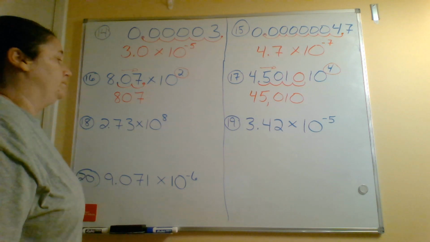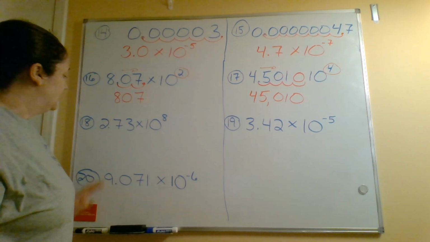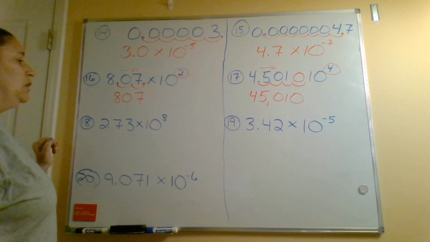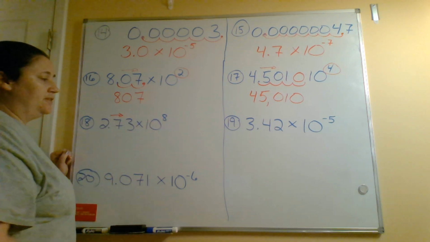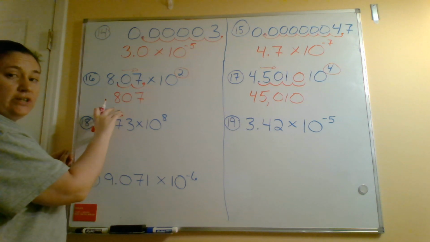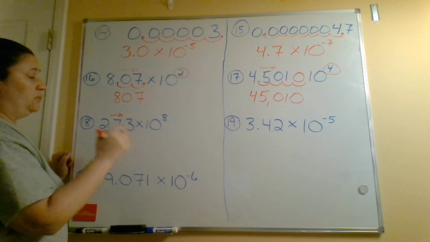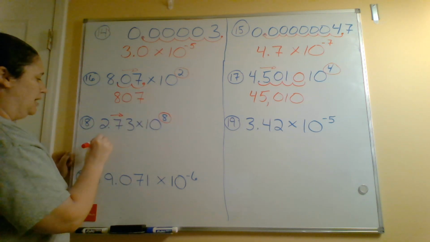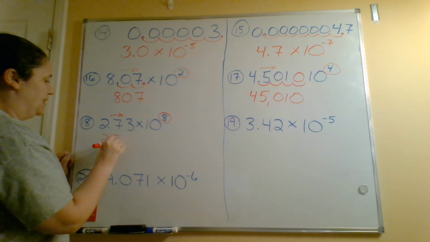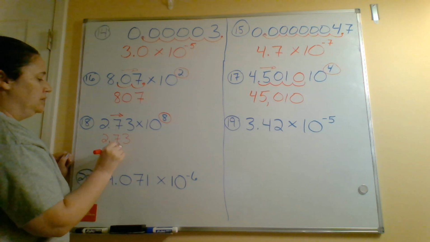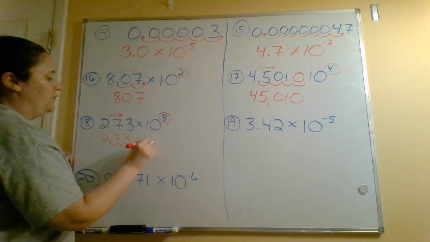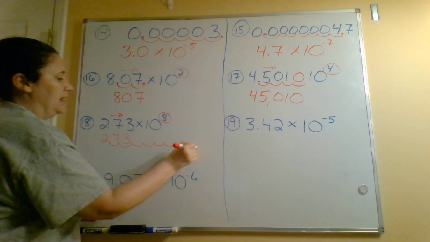For number 18, which is right here, we have to move the decimal point to the right because this is a positive exponent. We want this number to get bigger. So we're going to move the decimal point to the right 8 times. Let me rewrite this. 2.73, move the decimal 8 times. 1, 2, 3, 4, 5, 6, 7, 8.